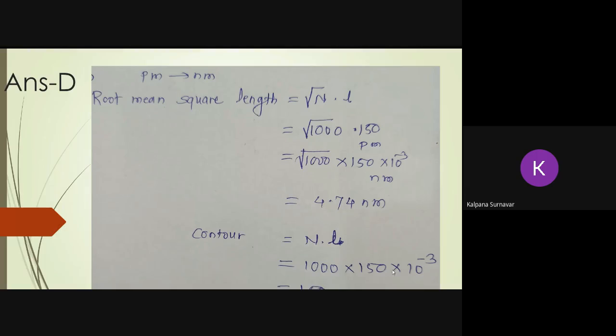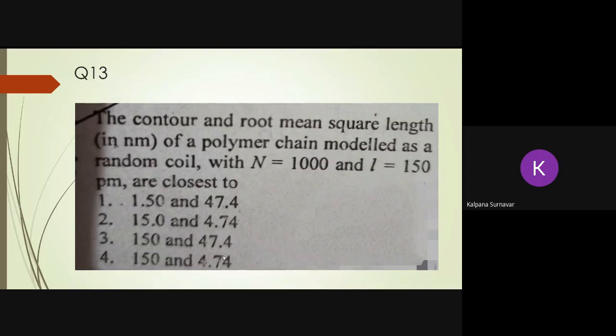So 1000 into 150 into 10 raised to minus 3, the answer comes 150. So check the options, 150 and 4.74. Option number 4 is the correct option because in all the other options these values are not present. So 150 and 4.74 is the correct answer for this.